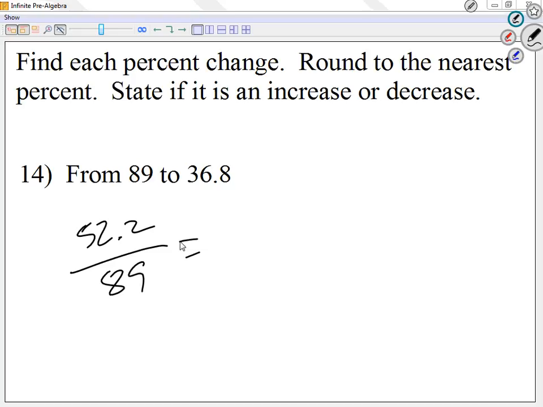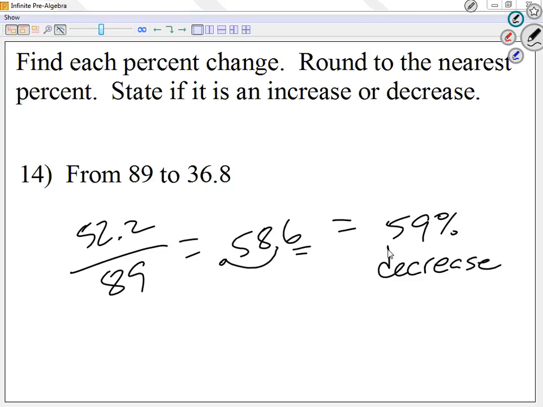This is the original price. Divide that by 89. Let me write down only the first three decimal numbers, which is 586. So I have to move this 2 places to the right. The 6 is big enough. I'm going to call this 59%. This one is also a decrease because the price went down.